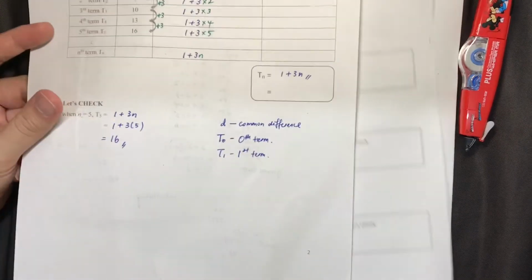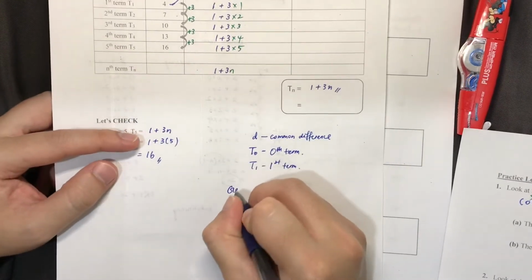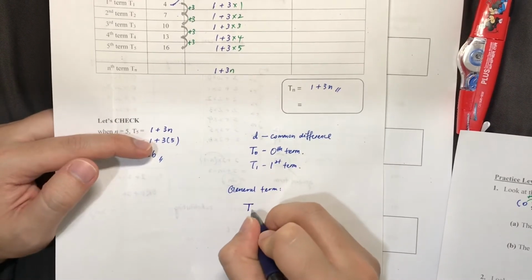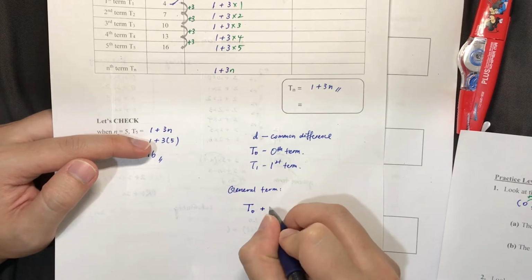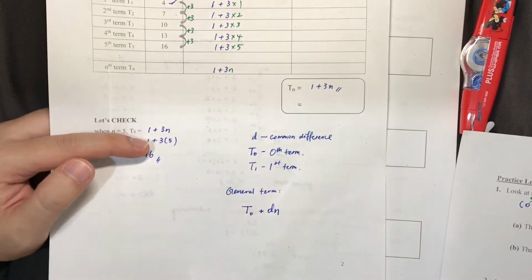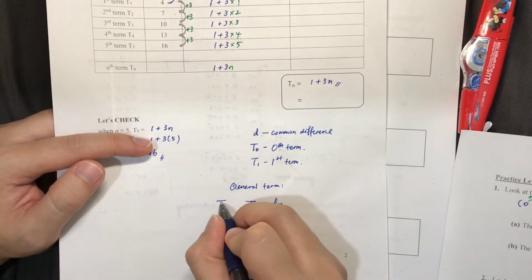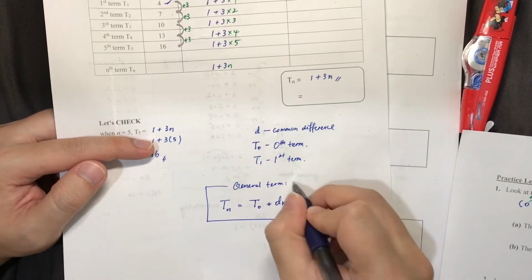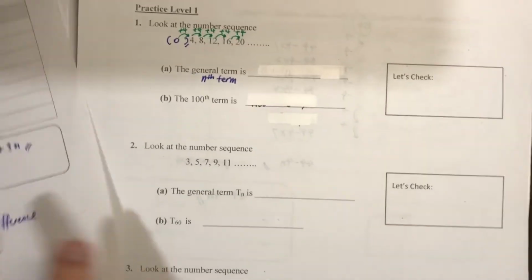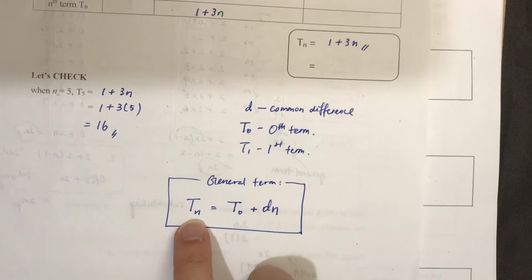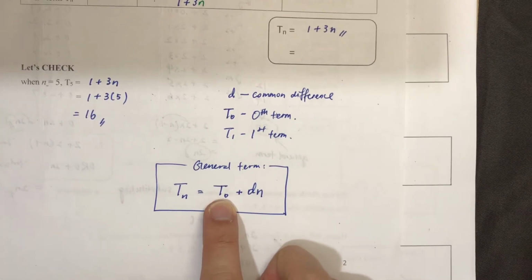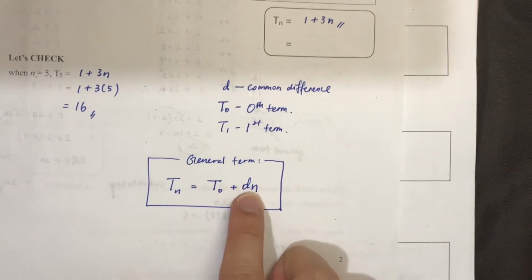Now, what is the formula for the general term? The general term will follow this formula: Tn equals T0 plus d times n. So for this question 1, looking at the formula for the general term Tn, equals the 0th term T0 plus the difference times n.